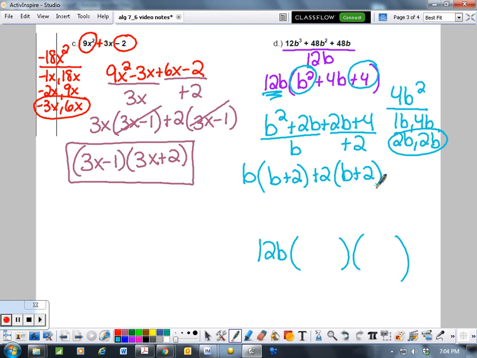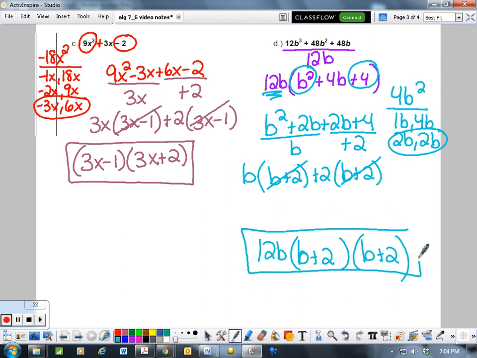And they both have a b plus 2, so I'm going to factor that out, b plus 2, which leaves me with another b plus 2. And so there's our answer. Another way you can write the answer, 12b times b plus 2 squared, because there are 2 of the b plus 2's.